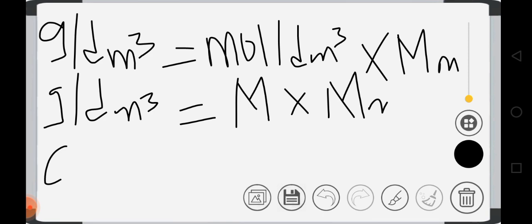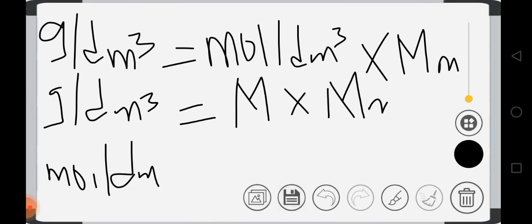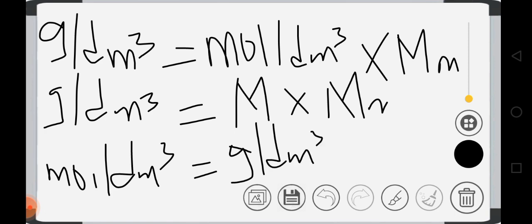And mole per dm cube is the same thing as grams per dm cube divided by molar mass. So don't forget this.